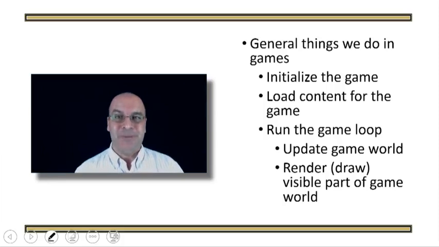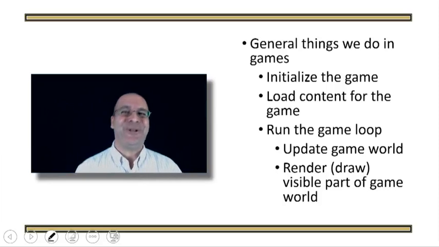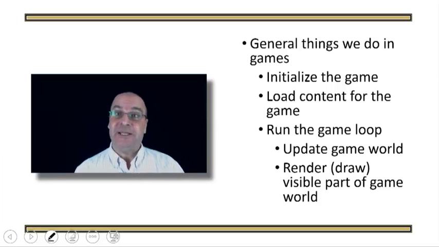Usually, not always, we think of content as the thing that comes from artists and designers, not programmers. Programmer-developed art is always interesting, but not necessarily what you want in your high-quality game. Another form of content is things like level specifications. If you have a level building tool and level designers building levels, you might load that content. You have to load that content before you actually run your game.